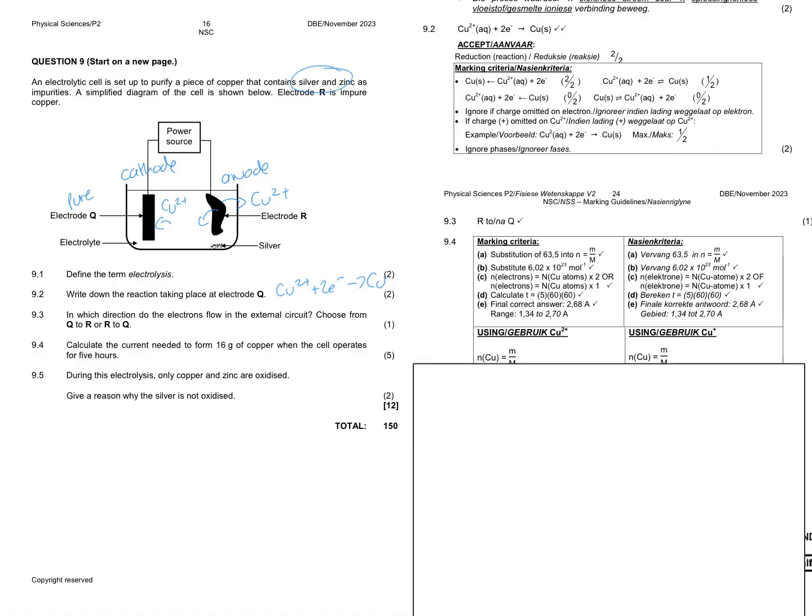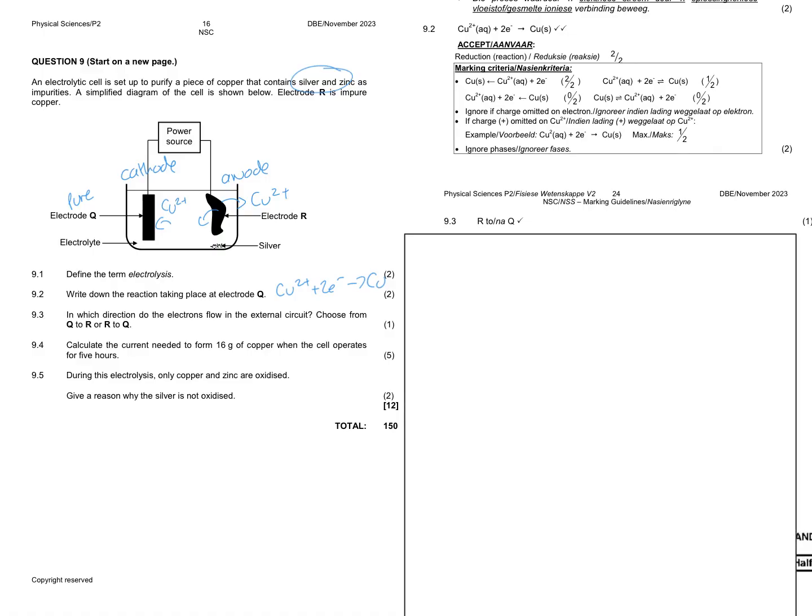So in this case, it's going to be R to Q. The impure metal in a purification system is the anode. The pure metal is the cathode. If you're doing electroplating, the pure metal is the anode. Again, all included on that table that I gave you. You can just study it if you don't have time to try and understand it.